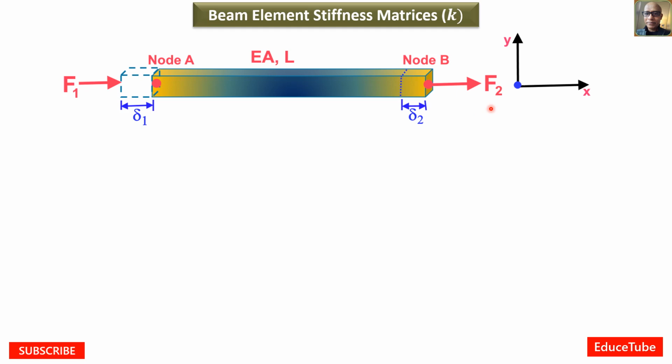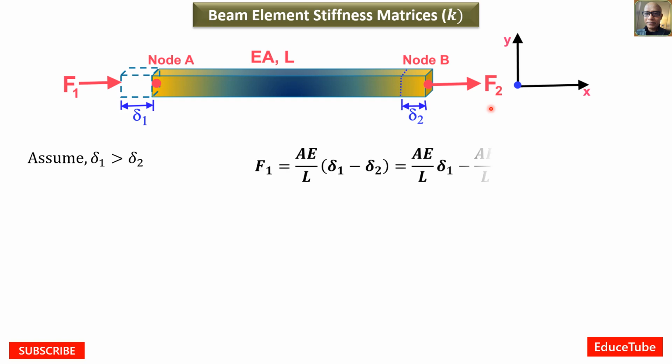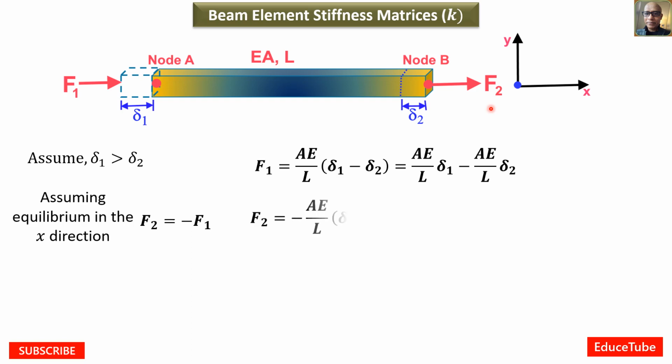Here we assume that del 1 is greater than del 2, and these two equations, one in terms of F1 and another in terms of F2. There are two equations here.